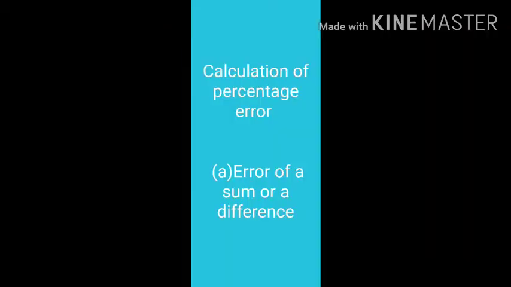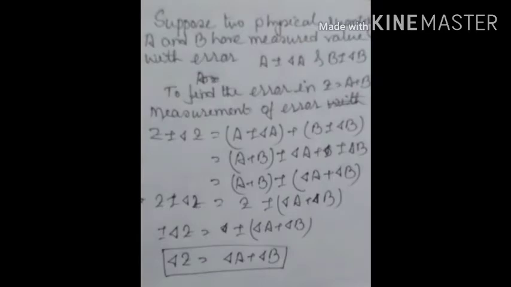Now, we will calculate the percentage error of some known and unknown physical quantity. Error of a sum or difference. This is the known physical quantity because we have considered a physical quantity z, that is a plus b.